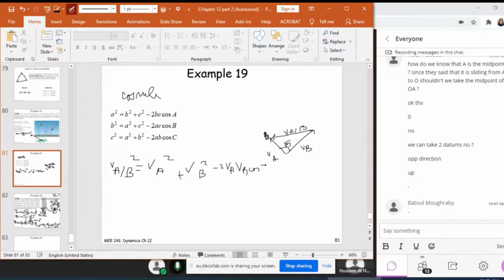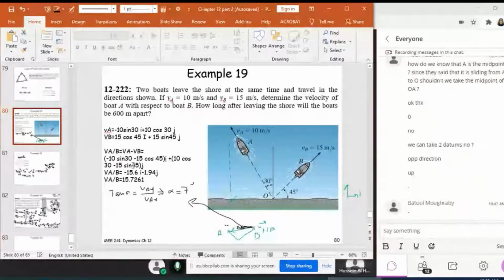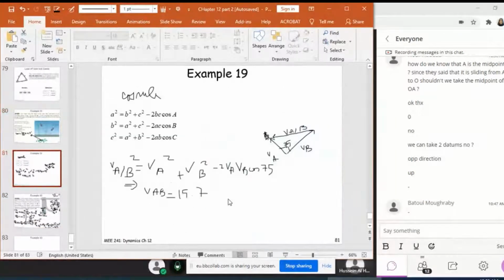So if you do this, guys, and then you take the radical, you're going to find that VAB in magnitude is equal to the same answer here, 15.72.